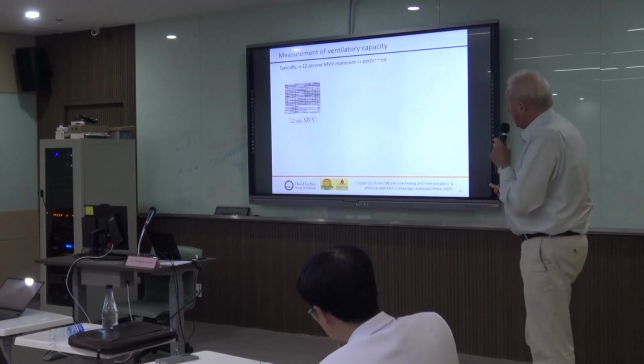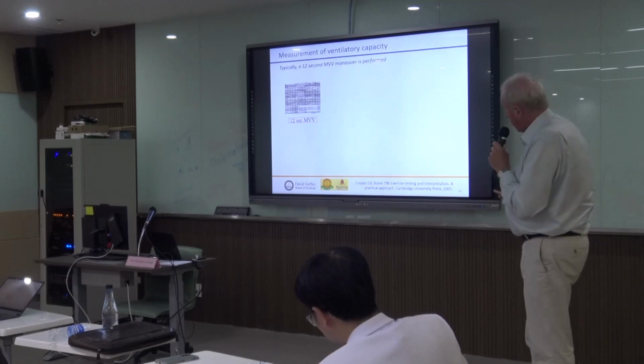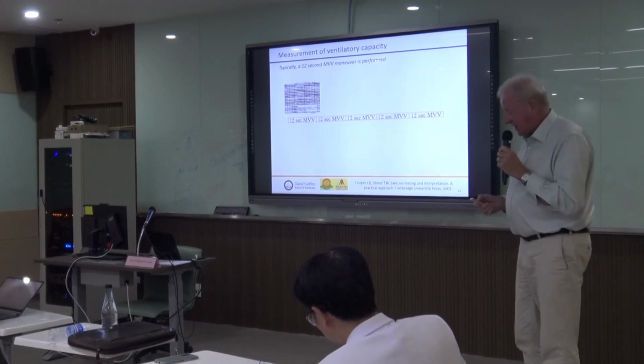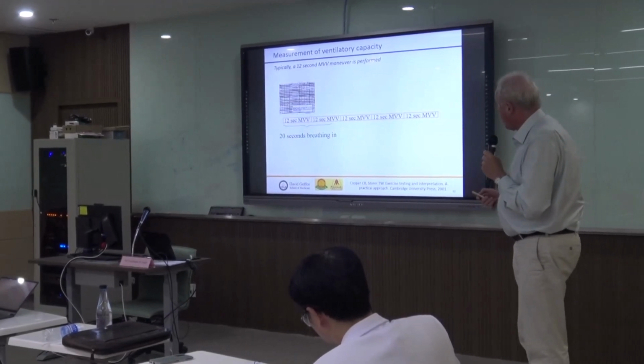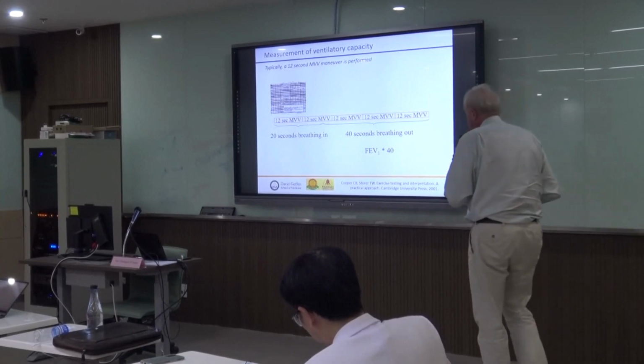We measure the ventilation over 12 seconds. We multiply this by 5 to get 60 seconds, and we have what's called a maximum voluntary ventilation.